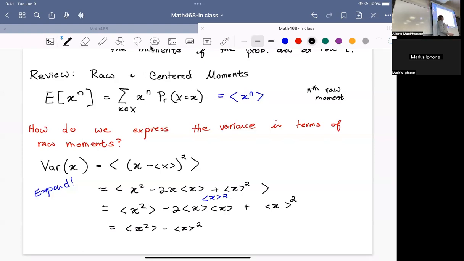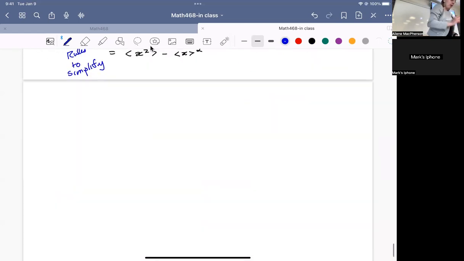So we have the expectation of x squared minus the expectation of x, squared. So that is the definition of the variance. So we use expectation rules to simplify. All right. So that's all the review about moments.